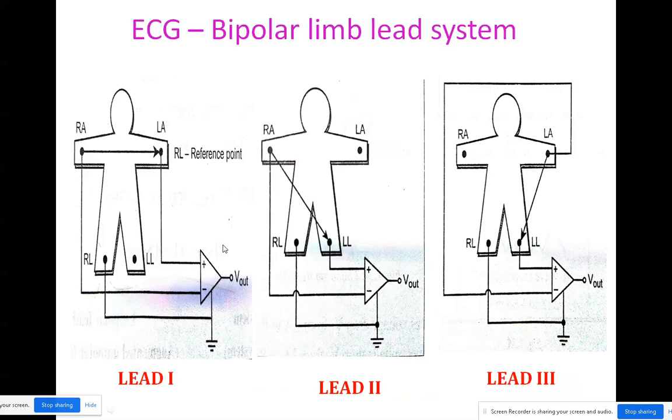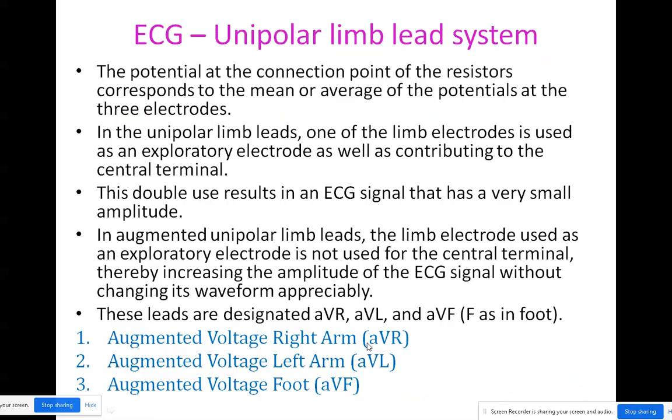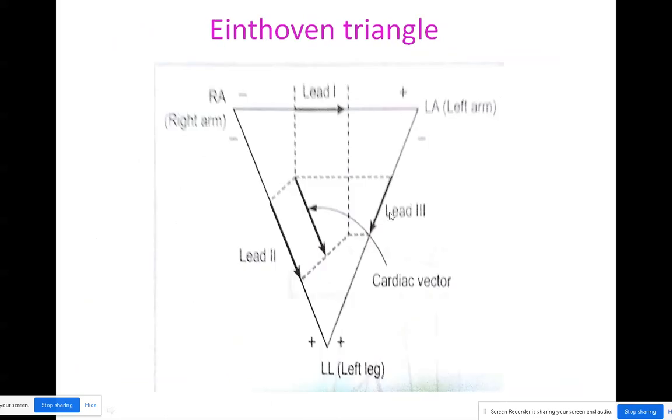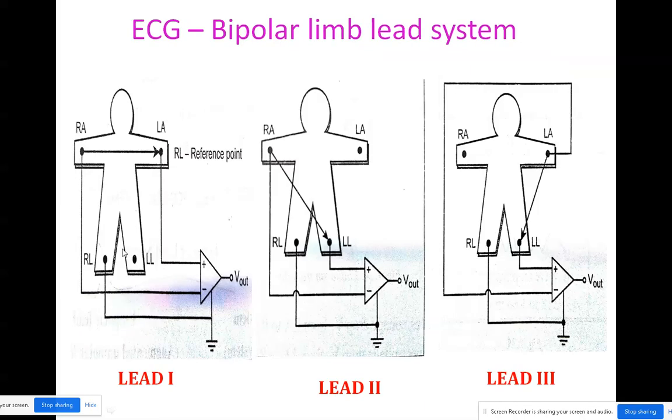It can be a bit confusing, so if you draw the triangle you can easily understand. Right arm with left arm, right arm with left leg, left arm with left leg. After drawing this Einthoven triangle it will be easy for you. Always your right leg will be the ground reference.